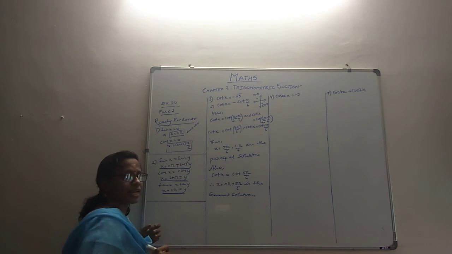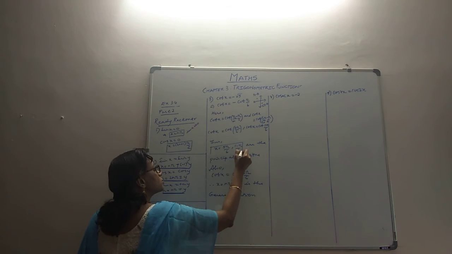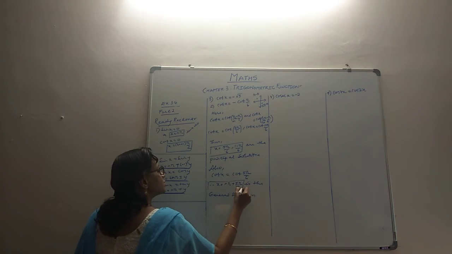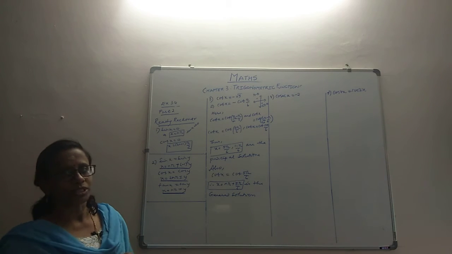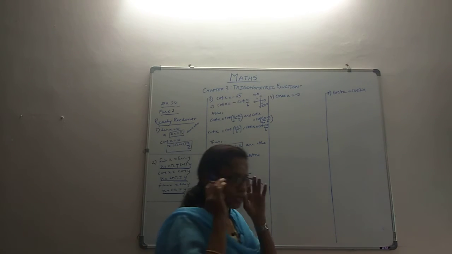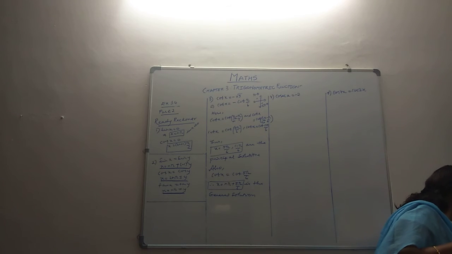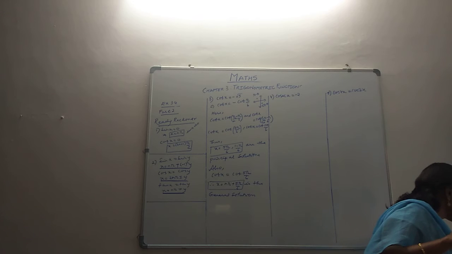I hope it's okay. First we got the principal solution, then we got the general solution. The only thing is, for the principal solution, because it was negative, we had to think properly and then get the answer. So that's about this question.